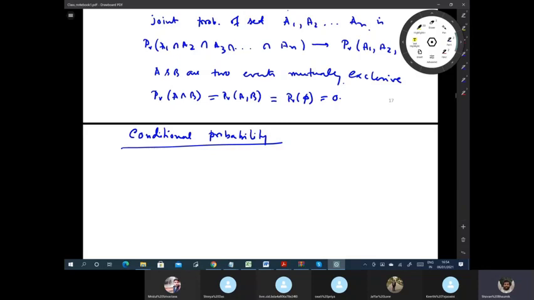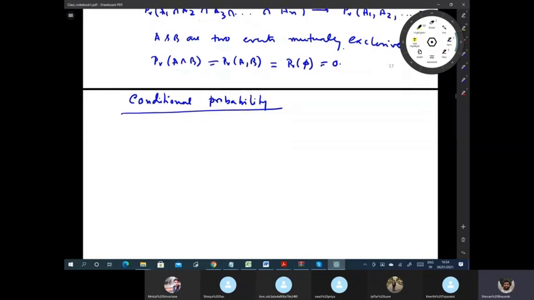For example, the event A is defined as a red card is selected. Suppose I have a packet of cards and the event A is that a red card is selected. So the probability is half, because half of the cards are red and half are black, right?